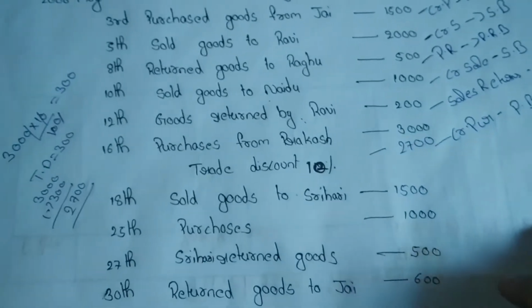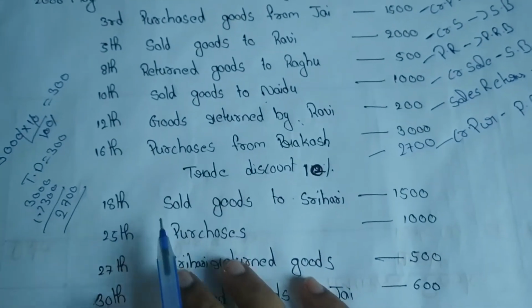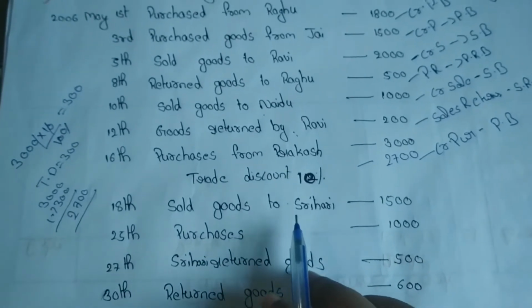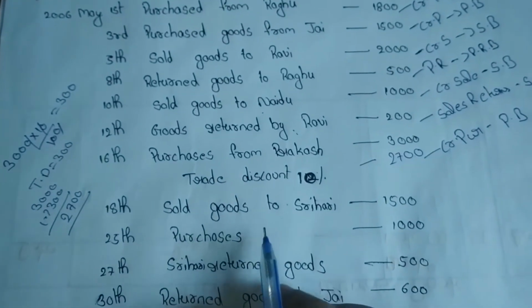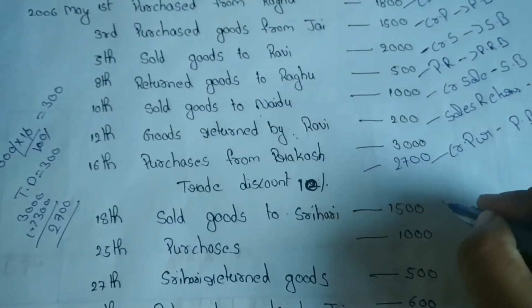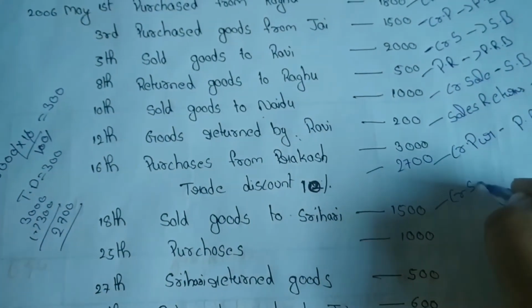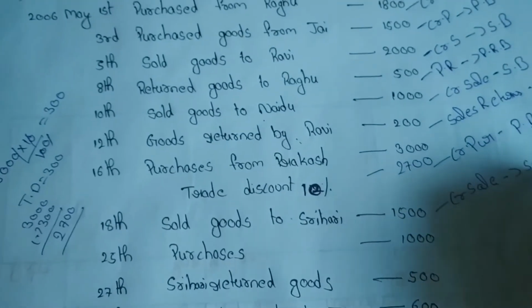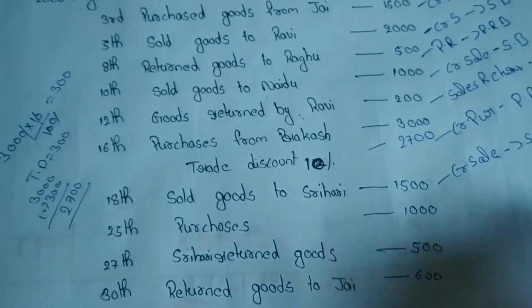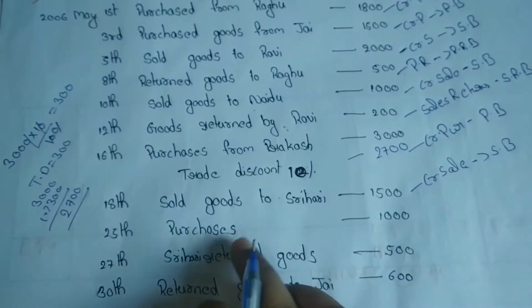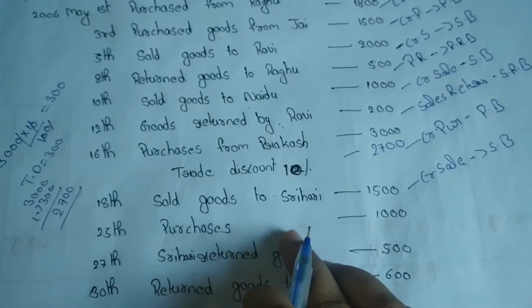Okay. Next one. On 18th, sold goods to Srihari. Srihari is the customer to our business and we sold goods to Srihari with the amount 1500. So it was a credit sale, right? It should be recorded in the sales book. Clear? See, on 25th, it is mentioned as purchases, but the person's name is not mentioned here.